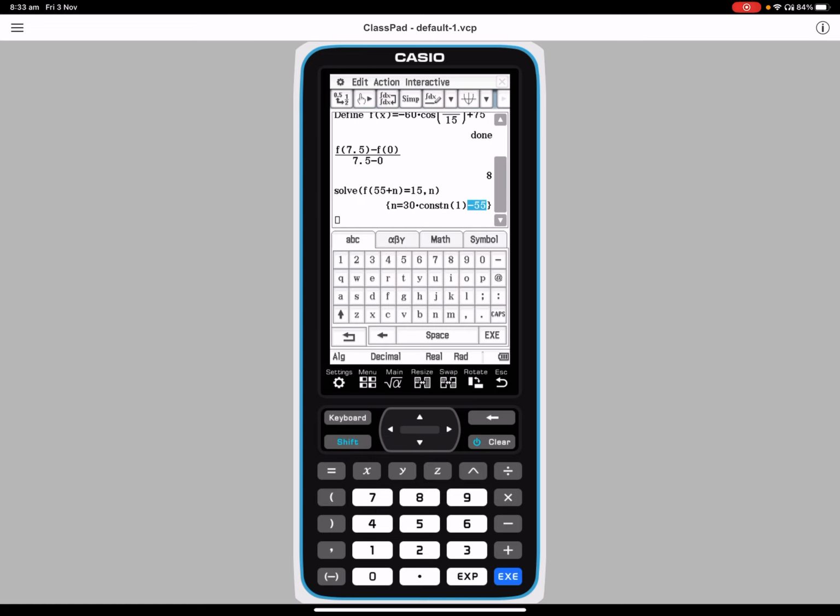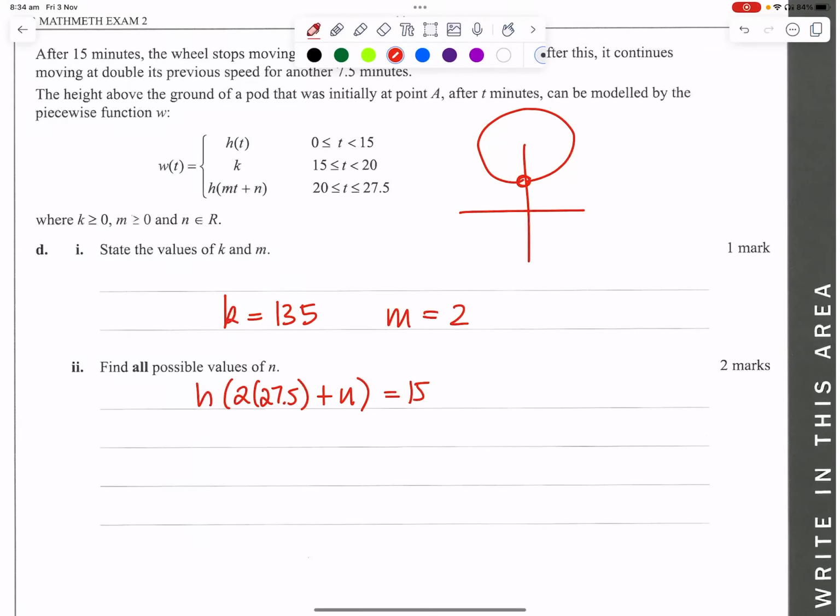Let's have a look. So I'm thinking n is equal to 5 or minus 55 plus 30k, k is an element of z.